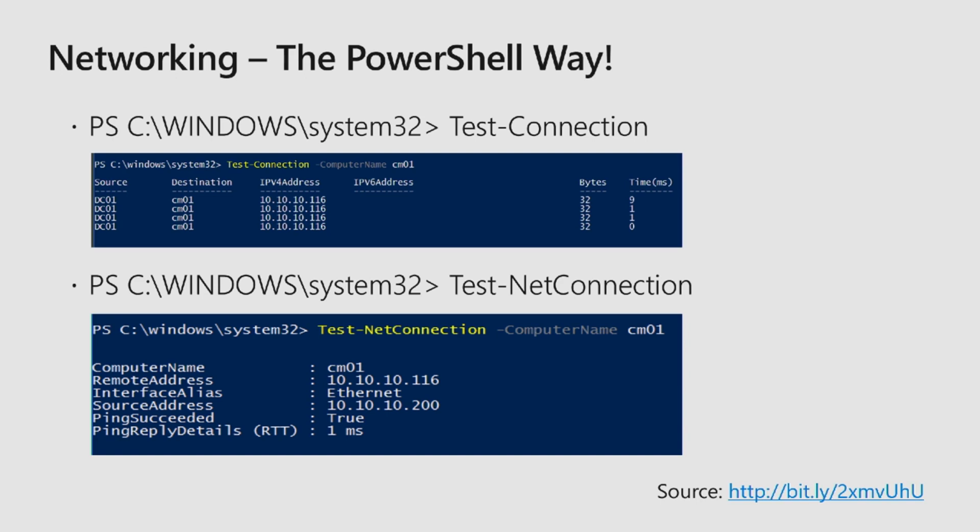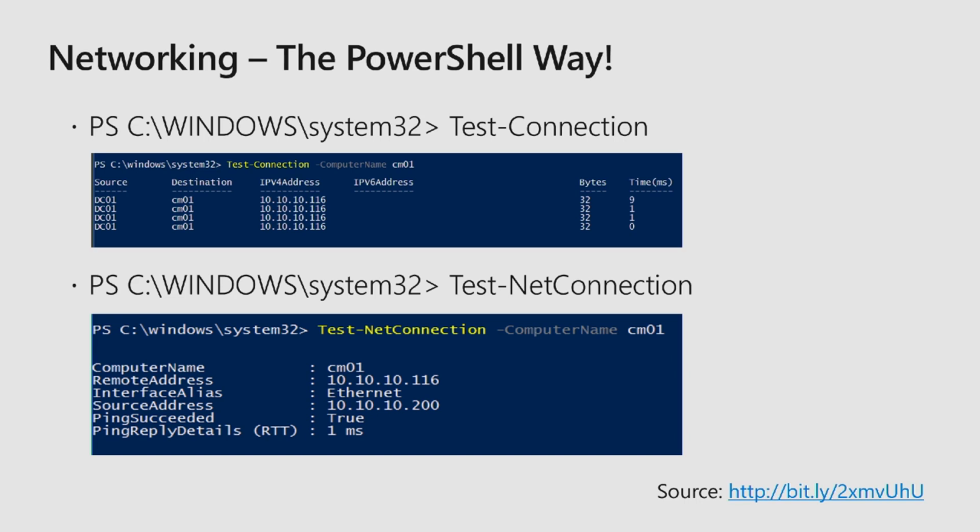Okay? So there is a commandlet called Test-Connection. Pretty cool. But now there's a newer commandlet called Test-NetConnection. It supersedes the other one. So I just ran Test-Connection with a computer name.